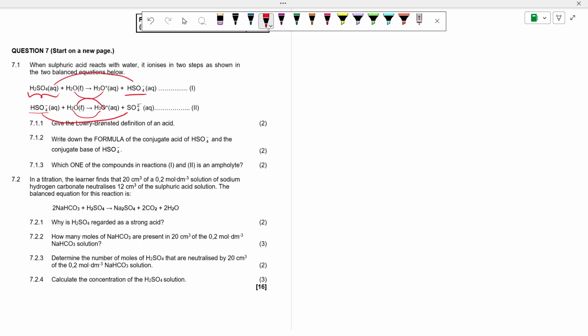Therefore, you can identify your conjugate acid-base pairs already. We know that H2SO4 donates a proton in the first reaction, so that's definitely an acid. It means water should act as a base. Conjugate acid, we need to call it conjugate.